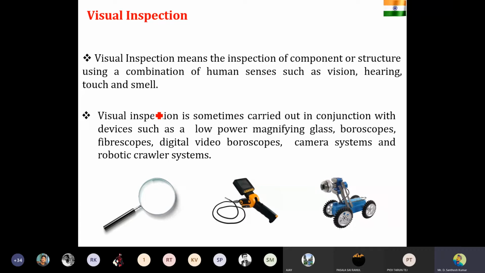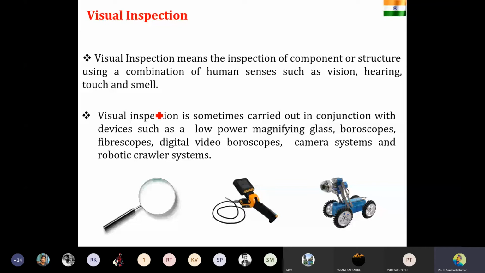You can see on the screen, it is clearly visible: one is the borescope, and also you can go for robotic crawler systems. With the help of this equipment, we go to that particular place and inspect the components. So these are the different procedures in the visual inspection method.